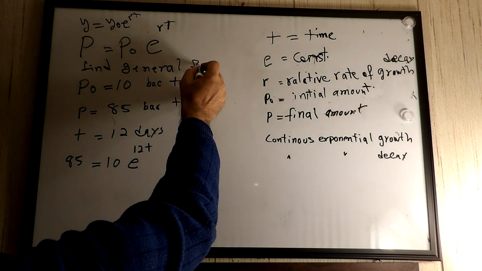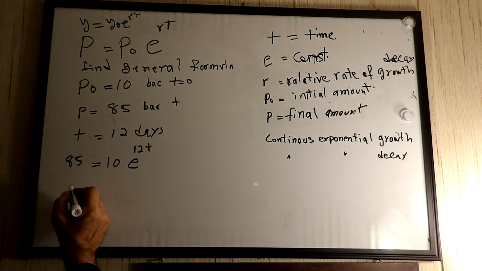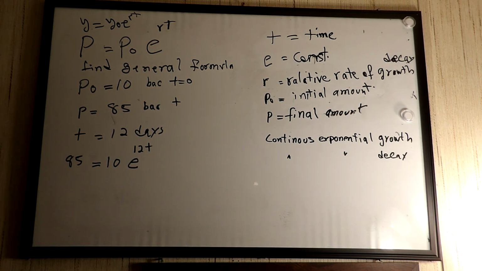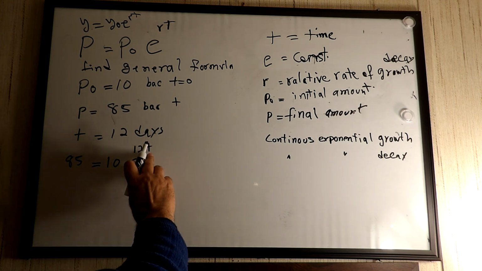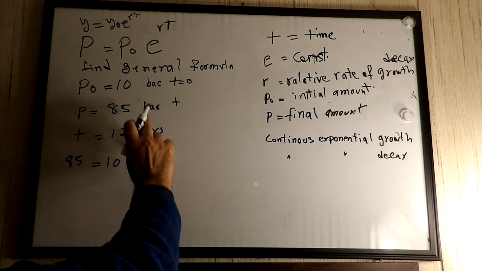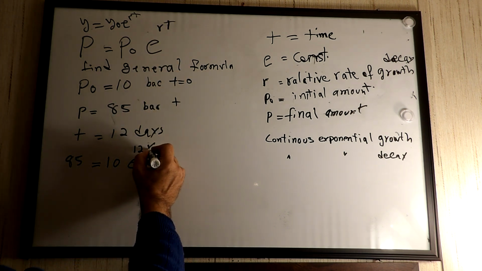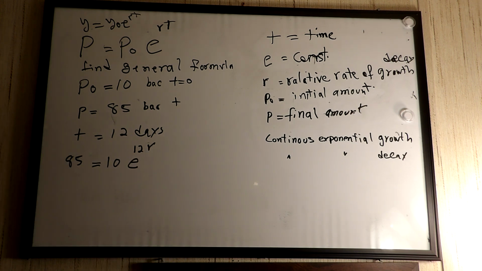To find it, t is 12 and we have 12r. We are going to find r. If we find r, then we can find the general formula.